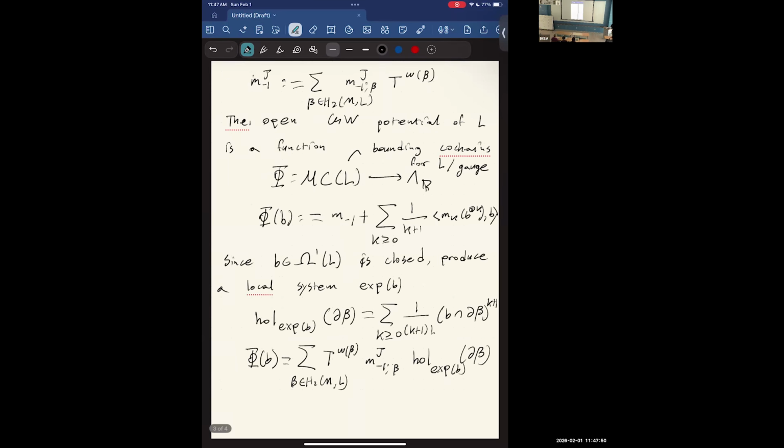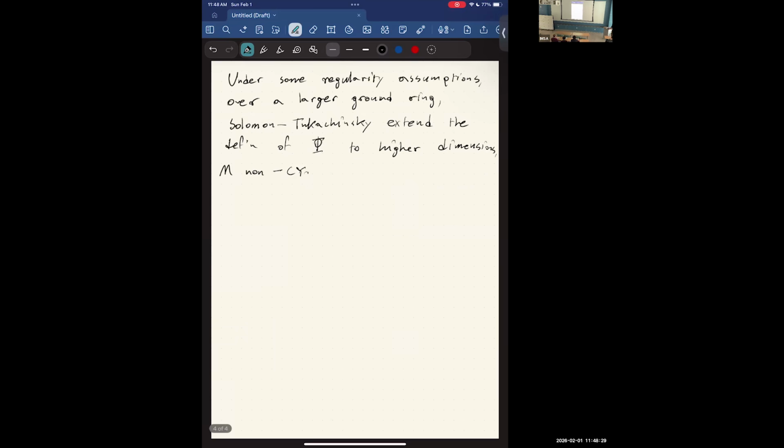So if you just look at this definition as I've given it, you can only say that you get open Gromov-Witten invariants of your Lagrangian valued in the real numbers. As I was saying before, this has to do with the chain level model for the A-infinity algebra that we decided to use. And so you might ask, what would go wrong if we tried to replace the de Rham complex with something like singular chains or Morse cohomology?